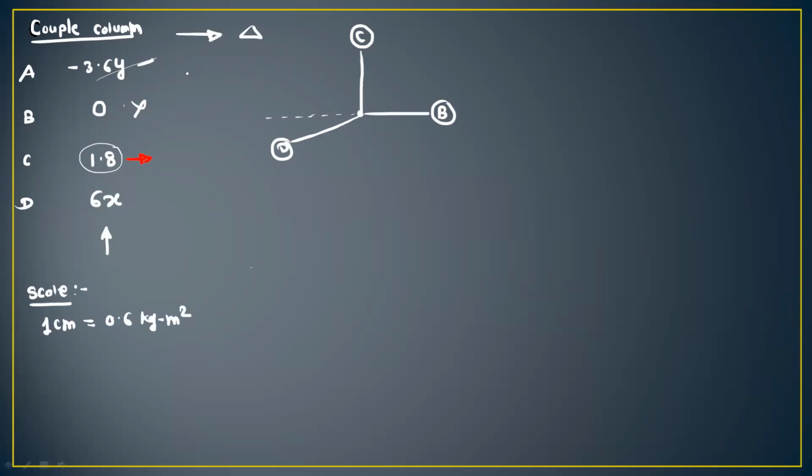So length will be, this is unknown, then this will be 0. So 1.8, if you divide by 0.6, this will become 3 centimeter, and this is also unknown.